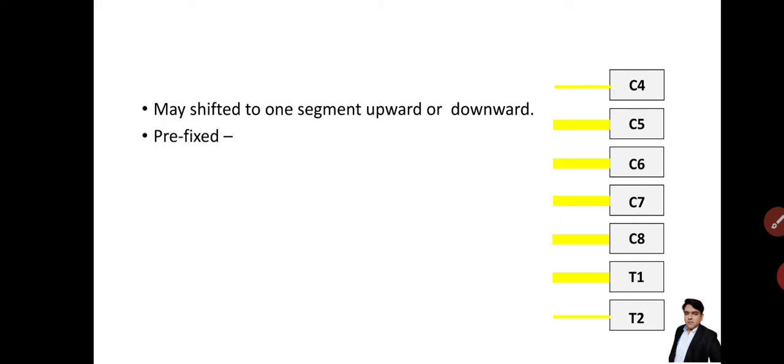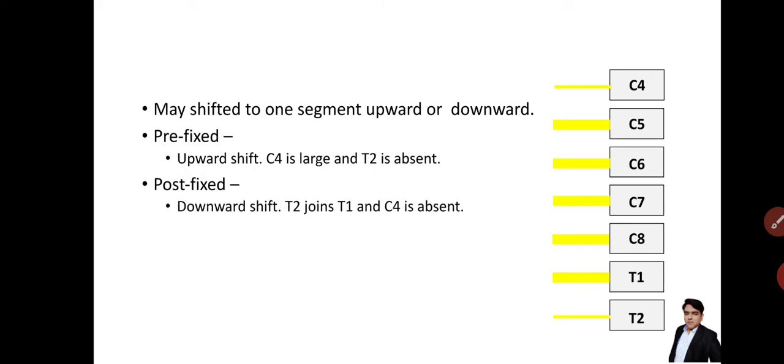If there is shifting of brachial plexus upwards, then it is known as prefixed. So in this condition C4 is large and T2 is absent. In postfixed condition there is a downward shift and T2 is large, which joins T1, and C4 is absent. We will understand this shifting in the next slide.